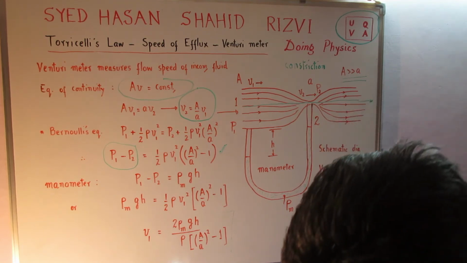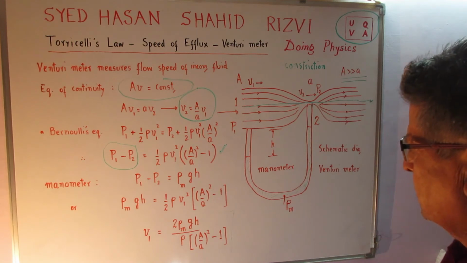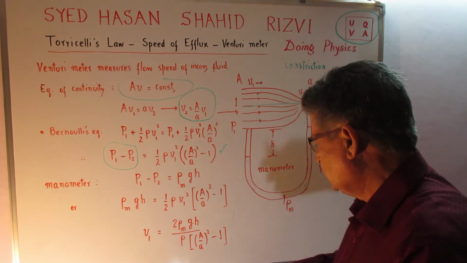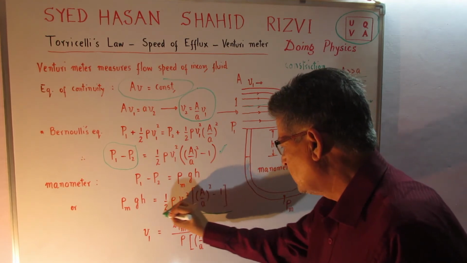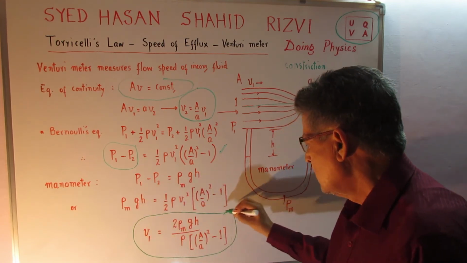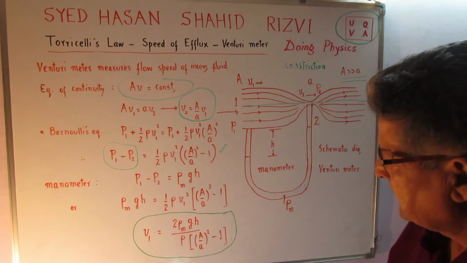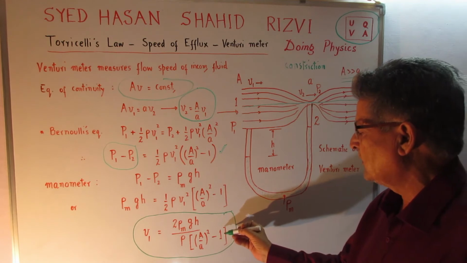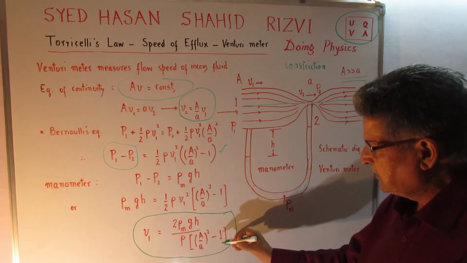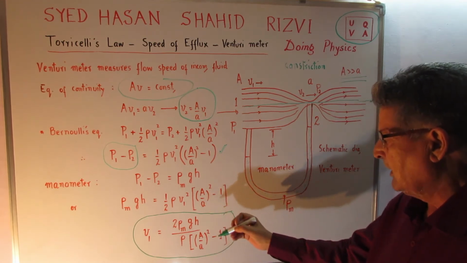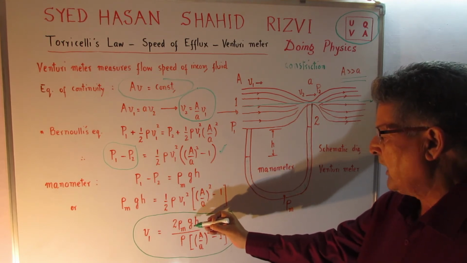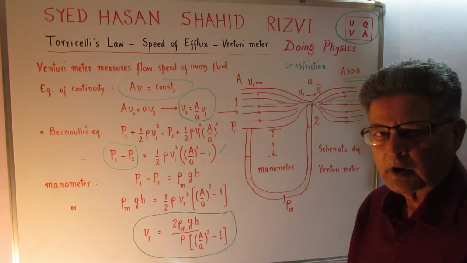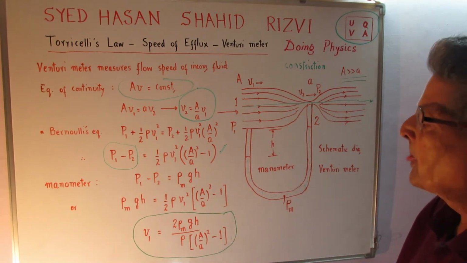For example, there is a very simple thing about this equation: suppose this capital A is very, very large as compared to small a, then capital A upon small a whole square becomes very, very large as compared to 1, and we can ignore the value of 1 and obtain the relation as 2 rho m g h small a square upon rho capital A square, etc.